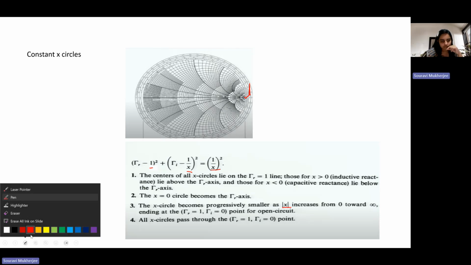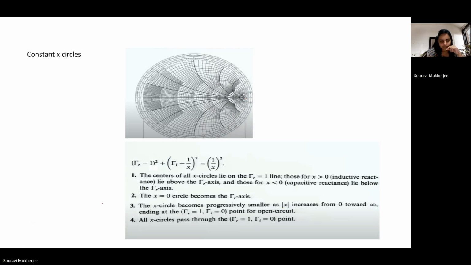Okay, now again here, all the centers of the x circles lie on the tau r equal to 1 line. Why? Because you can see it from here, right? The x coordinate of the centers is always 1, and the y coordinate is given as 1 by x, right? So all the centers of the x circles lie on the tau r equal to 1 line.